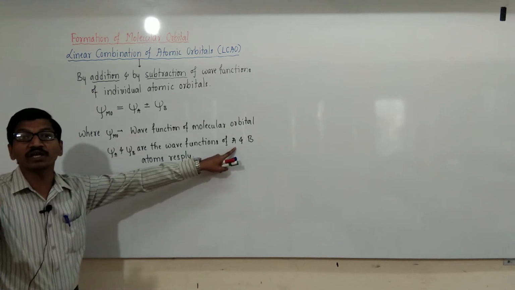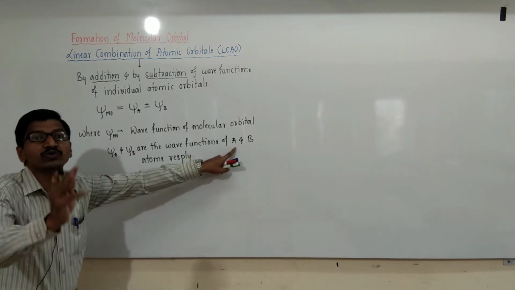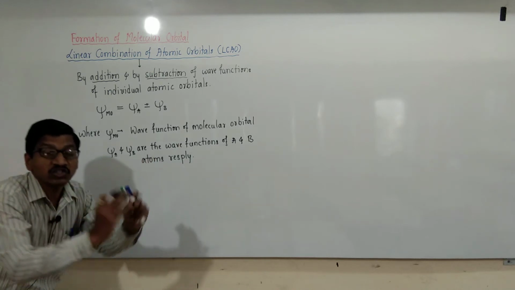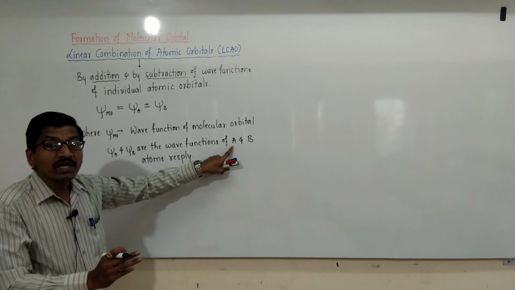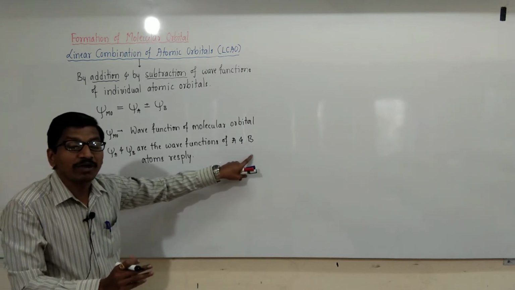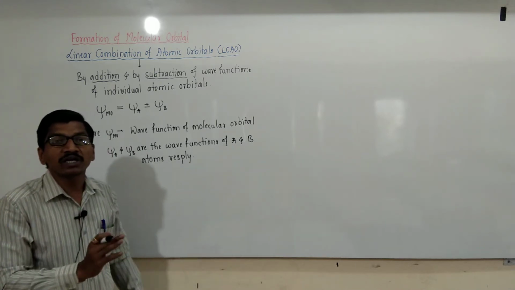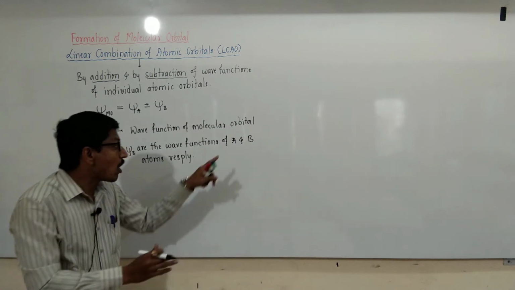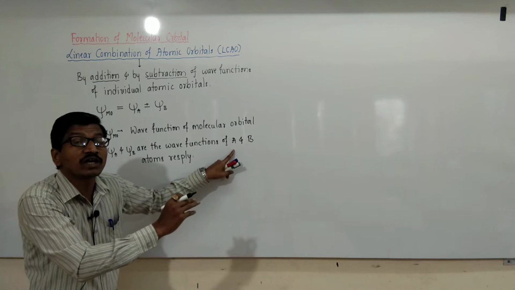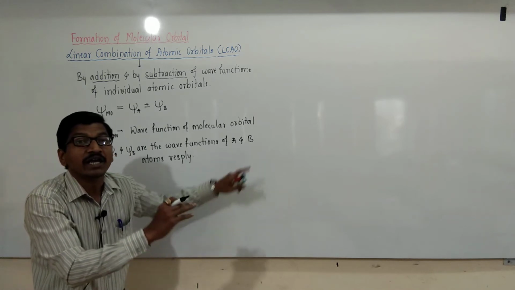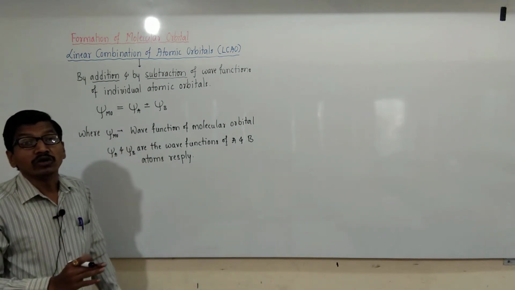By addition of the wave functions of atomic orbitals A and B, it gives one molecular orbital, and by subtraction of the wave functions of atoms A and B, it gives another molecular orbital.